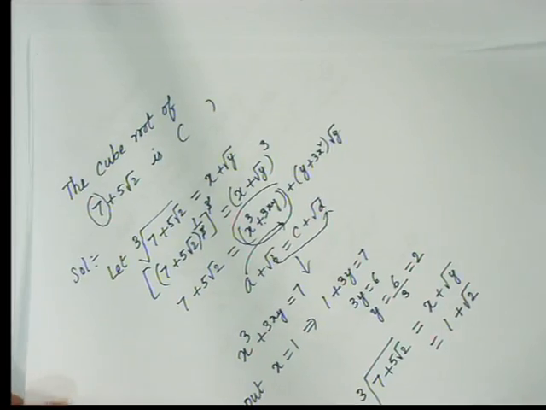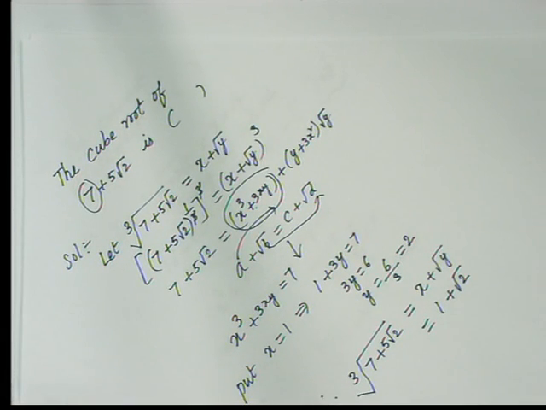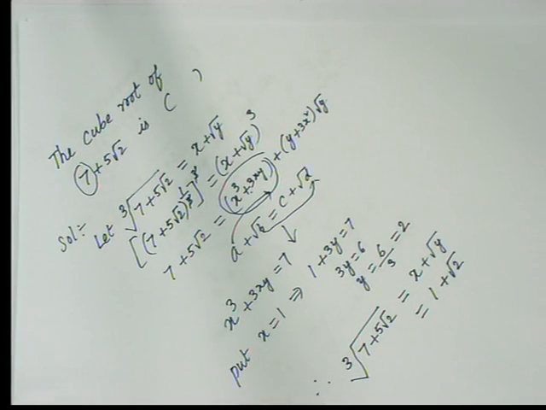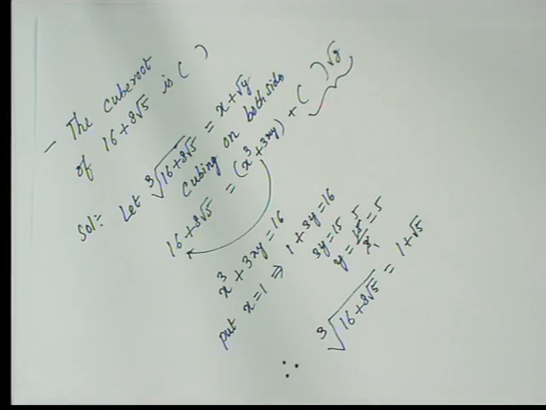Once again, I will repeat the question, the same question you see. Now let us move to the 16 plus 8 root 5. After getting some idea about generalization of the problem, we have to do problems like this.